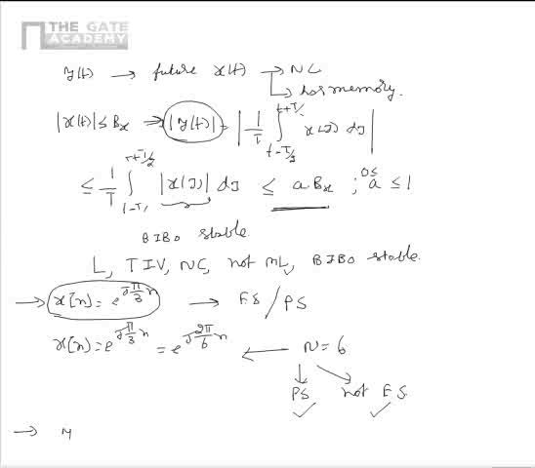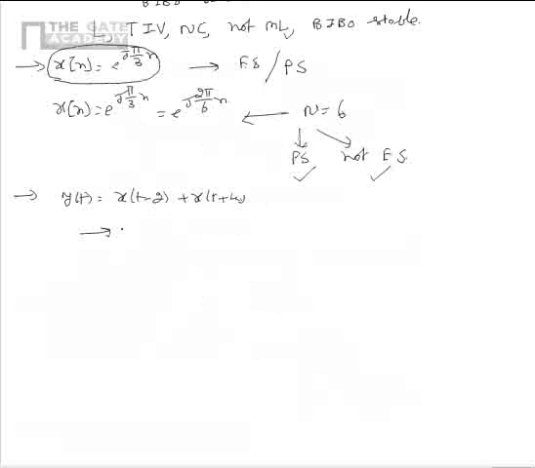Now there is a system that is given as y of t is equal to x of t minus 2 plus x of t plus 4. We have to find if this system is linear, time invariant, causal, and stable and memoryless.